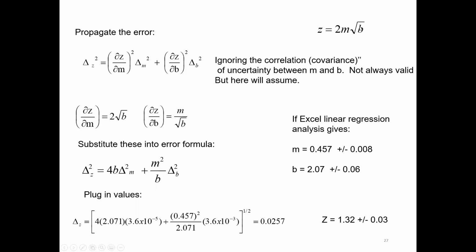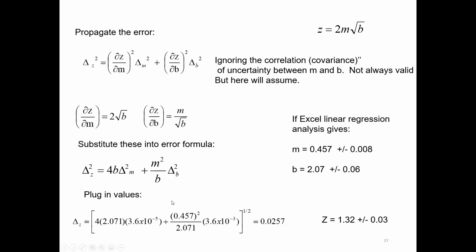When we take the partial differential, the power of b becomes 0.5 minus 1. There'll be minus 0.5, so there'll be m divided by square root of b. And we can substitute these into the error formula.